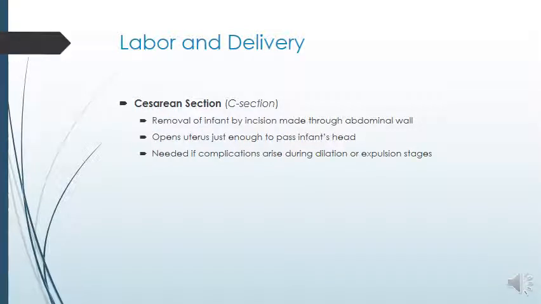If complications arise during the dilation or expulsion stage, the infant can be delivered by C-section or cesarean section. In such cases, an incision is made through the abdominal wall and the uterus is opened just enough to allow passage of the infant's head. The cesarean delivery rate had been steadily increasing in the United States for the past 12 years.